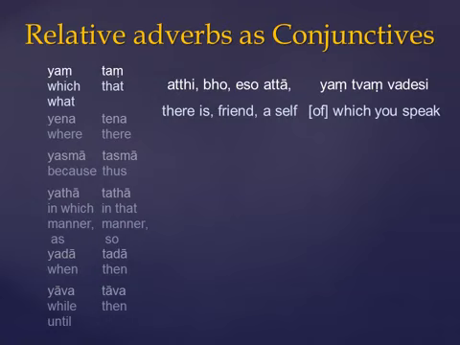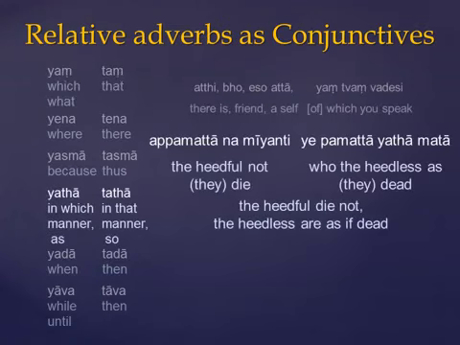Here, the relative term yang joins the two clauses together. And taking another example, the heedful, not they die. Who the heedless, as they dead. Or to render this into English, the heedful die not, the heedless are as if dead, or like the dead.